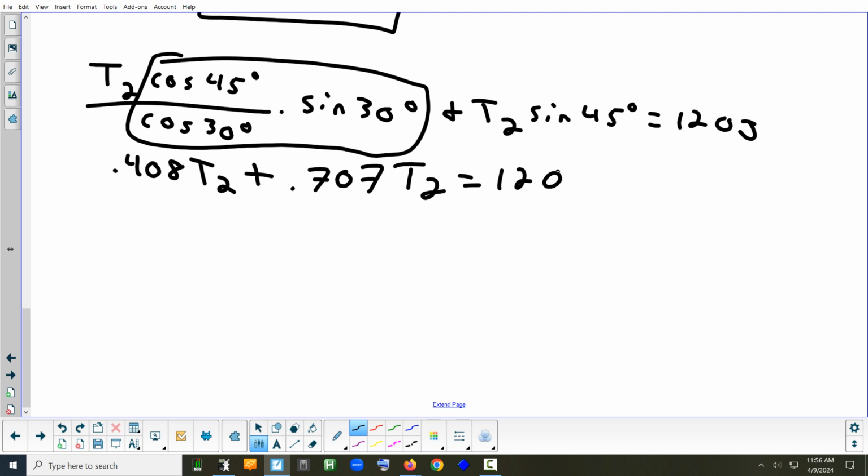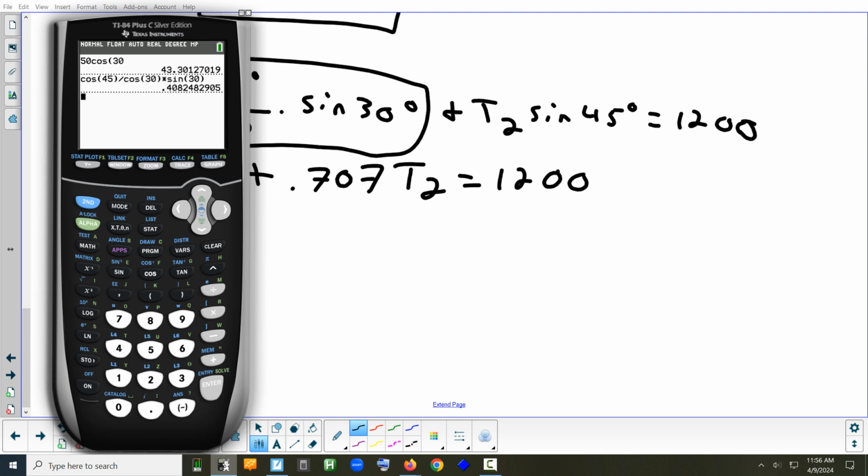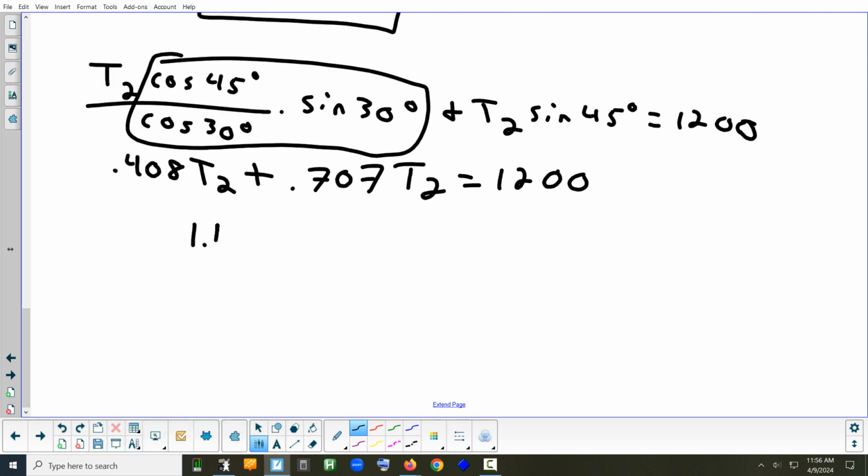equals 1200. What can I do now? Combine like terms. So combine your T2s, 0.408 plus 0.707. That is 1.115 T2 equals 1200.